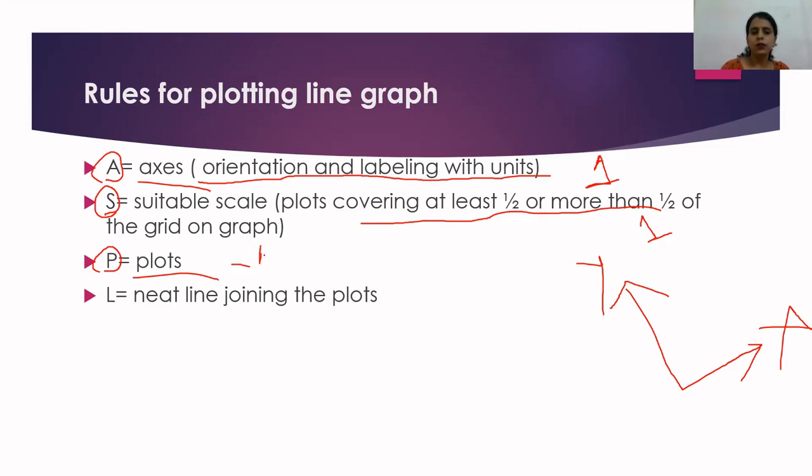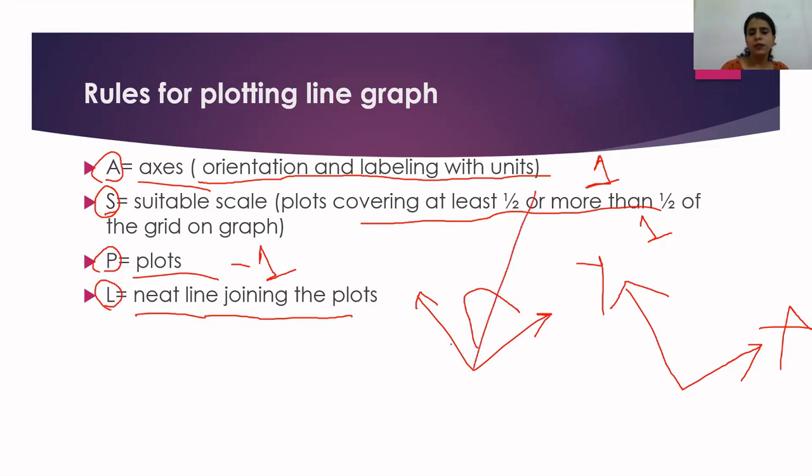So 1 mark is for plotting the correct points, and the last mark is L, that is neat line joining the plots. Whenever we draw a line graph, sometimes we get a curve, sometimes we get a straight line, and sometimes we get a best fit line. What is this best fit line? I'll tell you a little later.